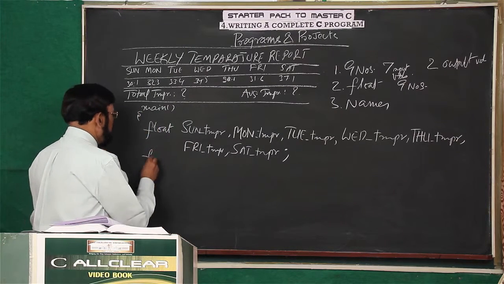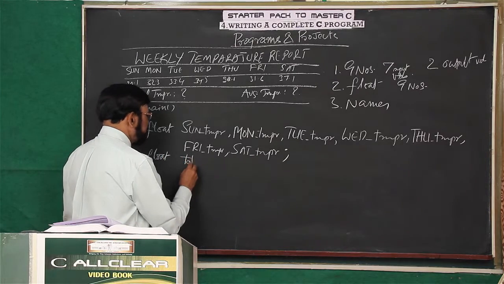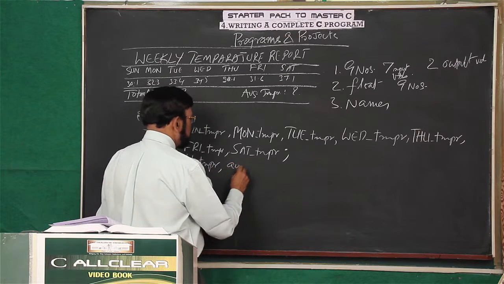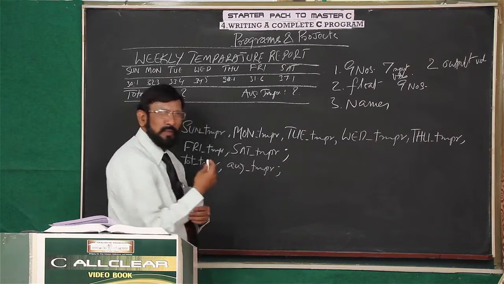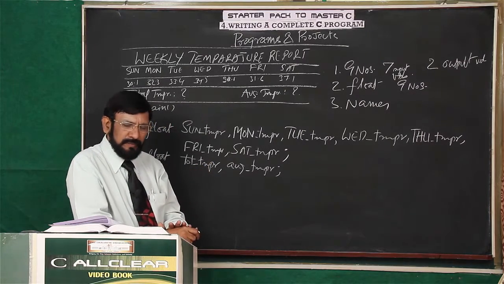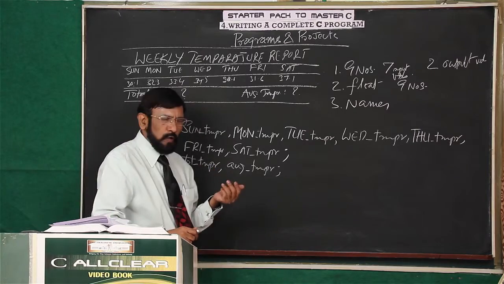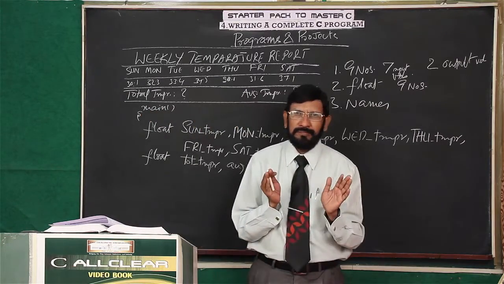Next, float, float: total temperature, average temperature. These belong to one group. Grouping of things differs from program to program. Now I am going to explain totally 4 programs. By this you can understand how I am grouping them.